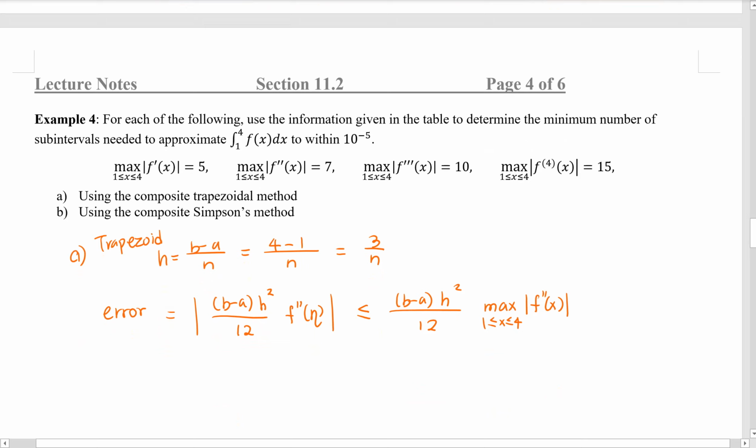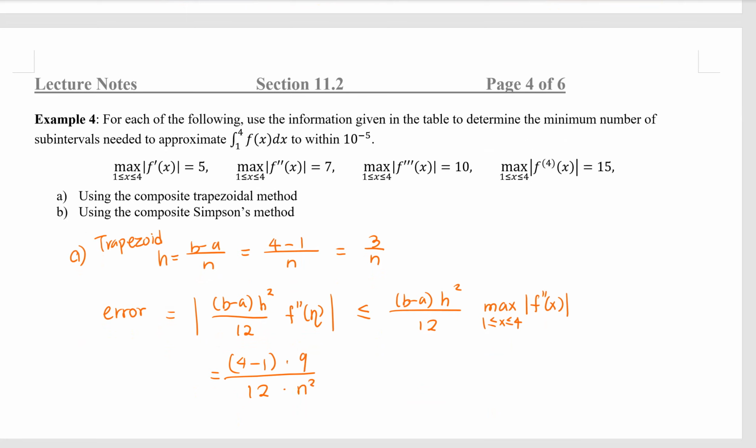Now we're ready to plug in. b minus a is 4 minus 1, right? Over 12, h squared, where h is 3 over n, so h squared is 9 over n squared. Is that okay, everybody?